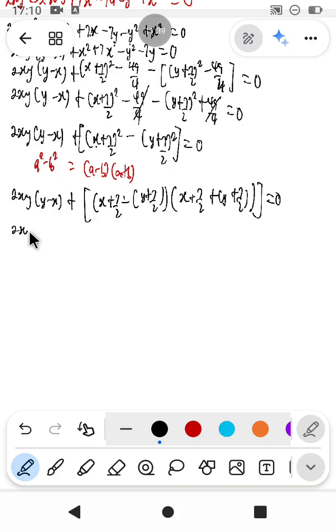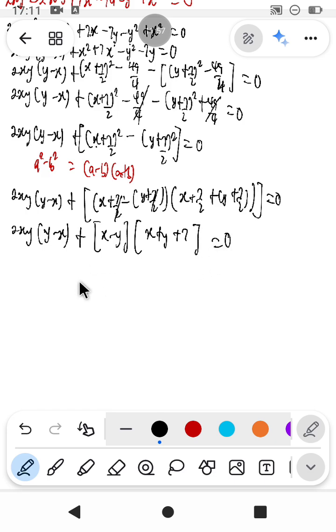So we have 2xy into bracket (y minus x), then plus 7 over 2 minus 7 over 2 will give us 0, so we have (x minus y), then I multiply by (x plus y plus 7), because 7 over 2 plus 7 over 2 is going to give us 7. Then everything equals 0.